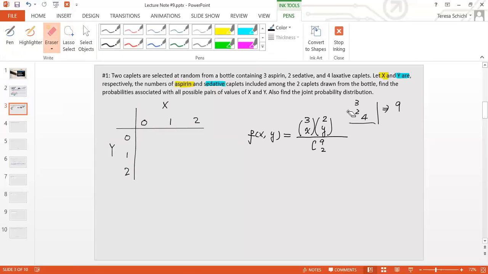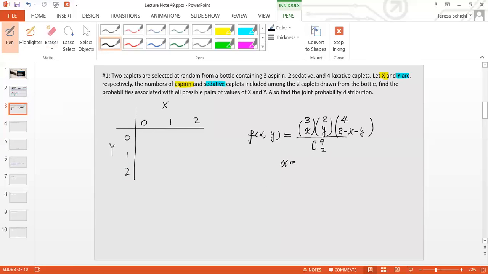Let me erase this so I have enough space to write. Whatever is left will be the laxative. How many laxative do I take? It depends on how many aspirin and sedative I have, so this will be C of 4, take 2 minus x minus y. Now let's see what the value of X is.